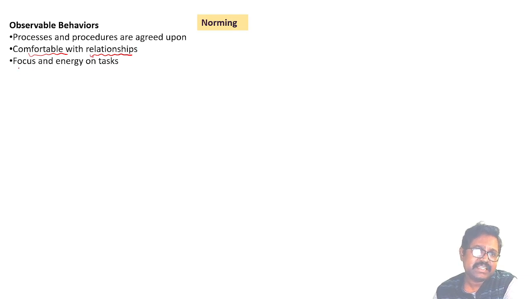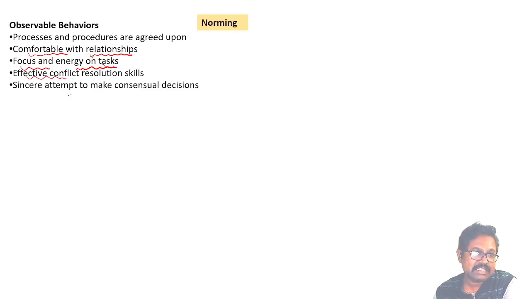At this stage they focus on the task which has been given to the group. Their energy is directed towards achieving the task, and they effectively resolve conflicts. They develop resolving skills, and they sincerely attempt to make consensual decisions.